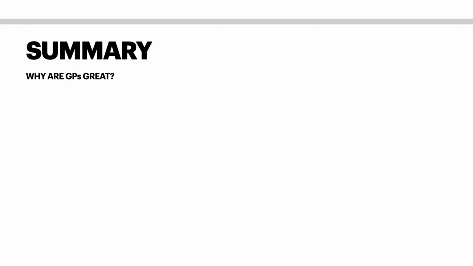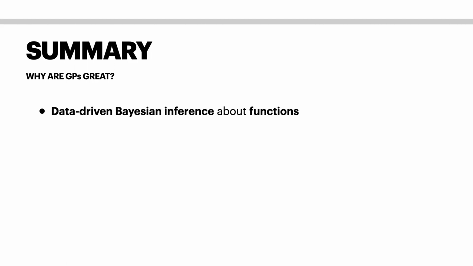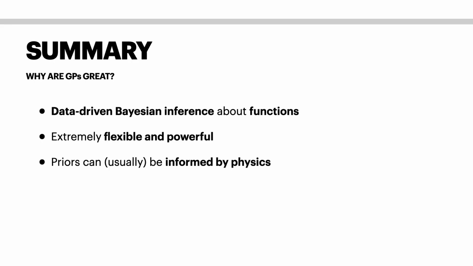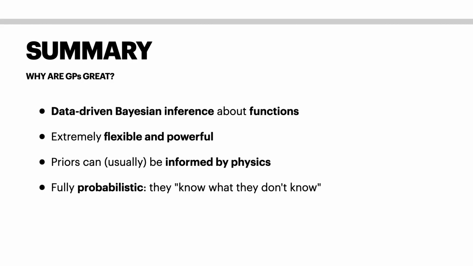Right, well, why are GPs great? We've just said that they enable data-driven Bayesian inference about functions, which is pretty remarkable. They're extremely flexible and powerful, as I hope the applications I showed you suggested. And despite this, they're really not black boxes. You can usually constrain and interpret their properties using actual physics.